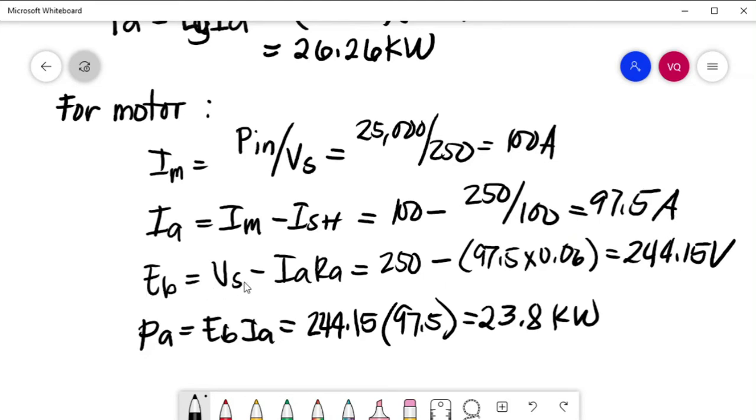Back EMF is equal to the source voltage minus the drop IARA, that is equal to 244.15 volts. The armature power developed in the motor is equal to the back EMF multiplied by the armature current, 244.15 times 97.5, that is equal to 23.8 kilowatts.